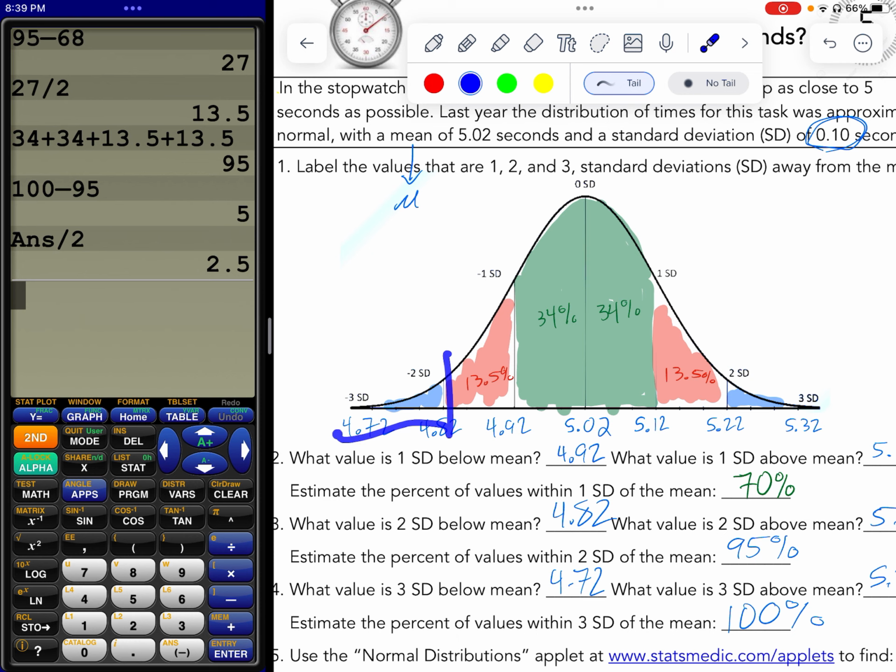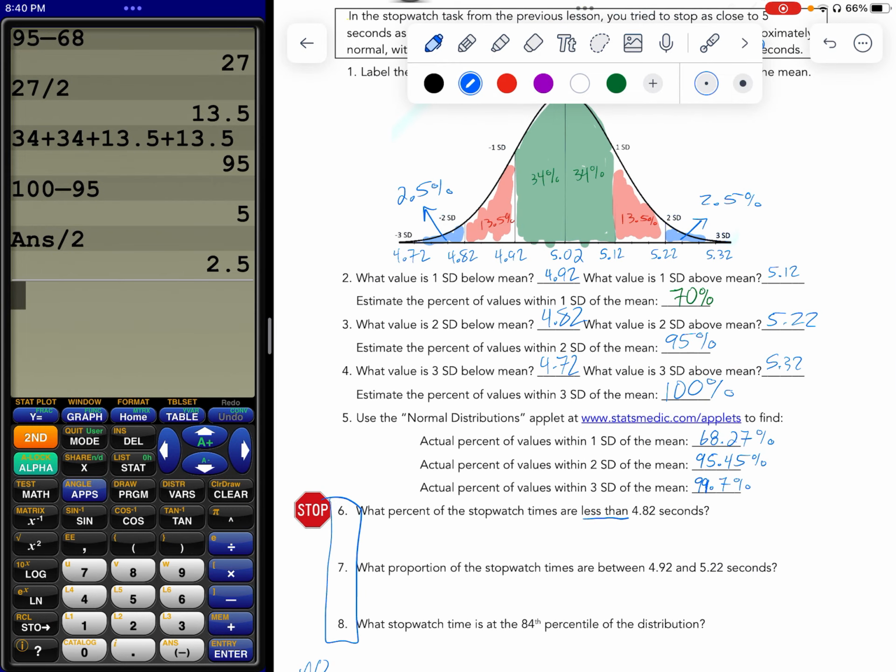So this blue tail is about 2.5%. And this blue tail is, again, about 2.5%. So to answer the question, the math we did, if this helps, is we did 100 minus 95, and we got 5, and then we cut 5 in half, and we got 2.5%. Okay?